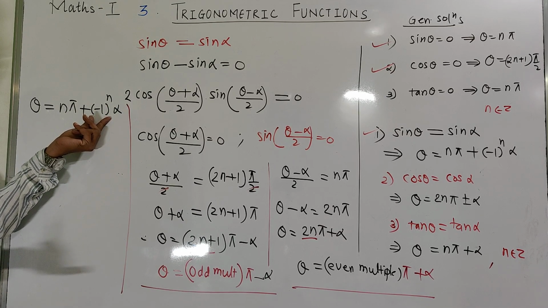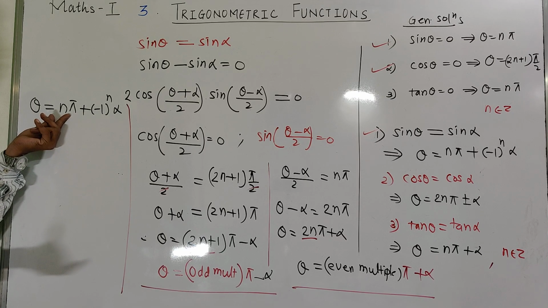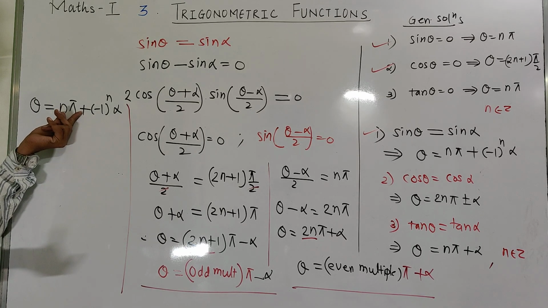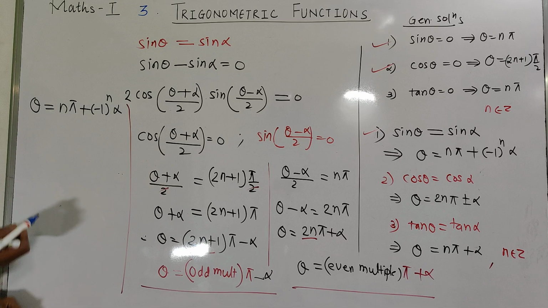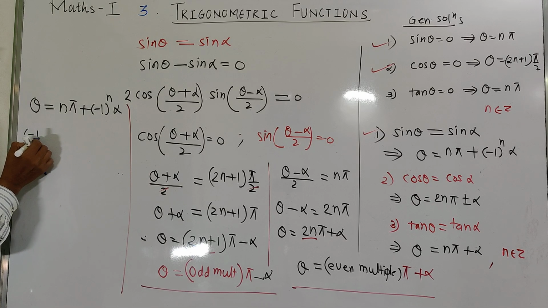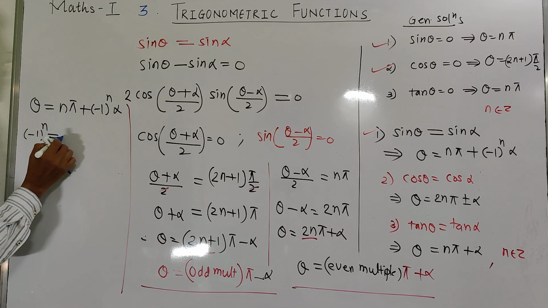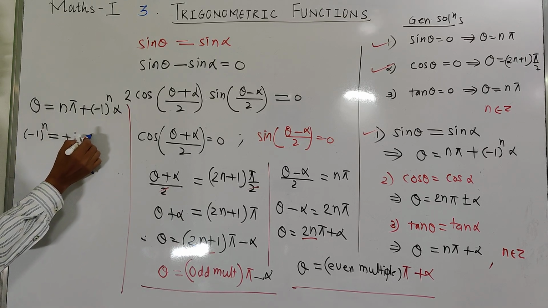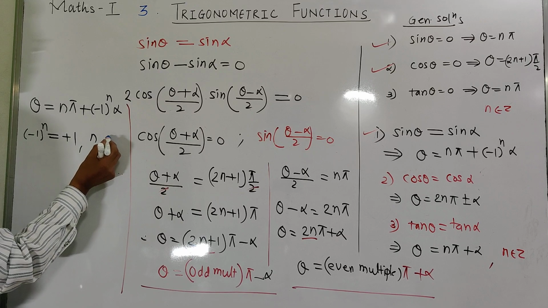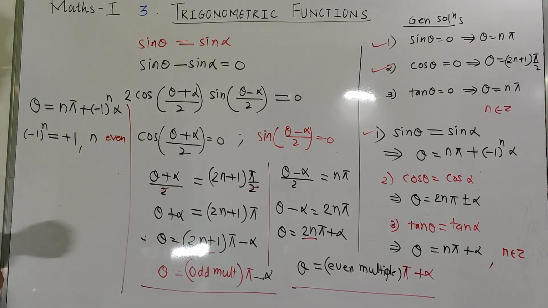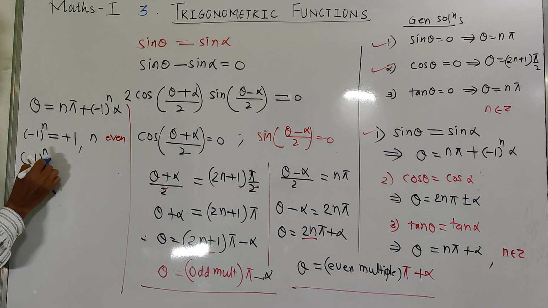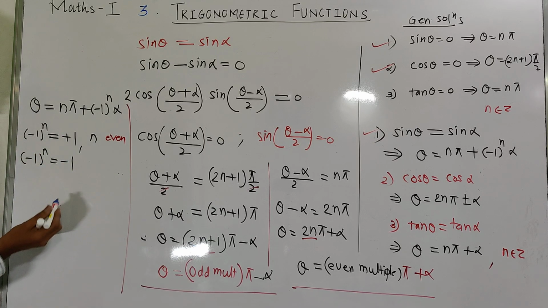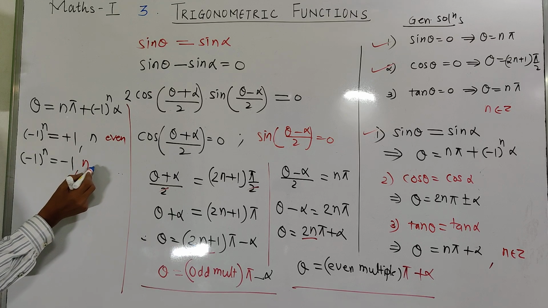Plus. So plus alpha. When n is even, it is an even multiple of pi and plus alpha. See, minus 1 raised to power n is equal to plus 1 when n is even, and minus 1 raised to power n is equal to minus 1 when n is odd.